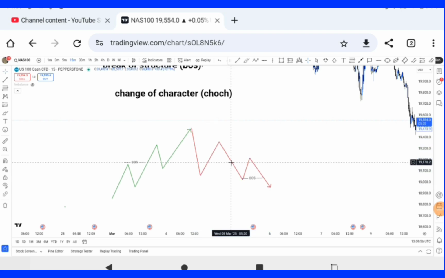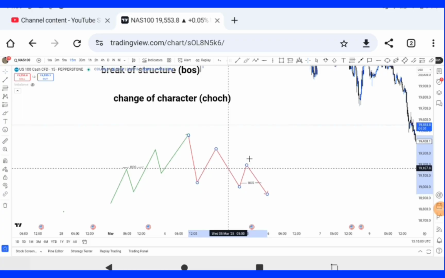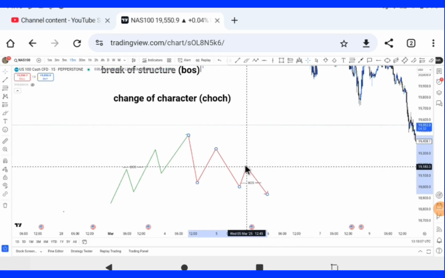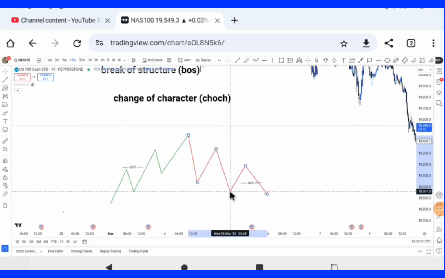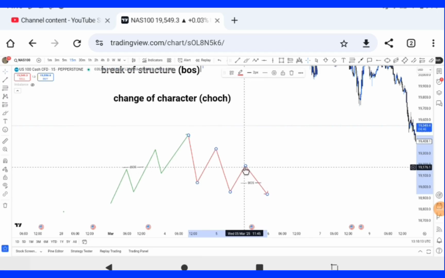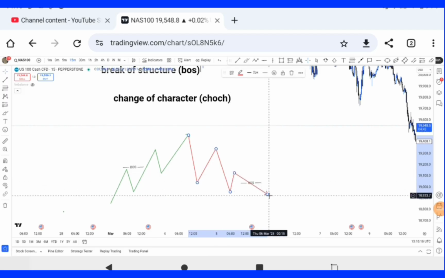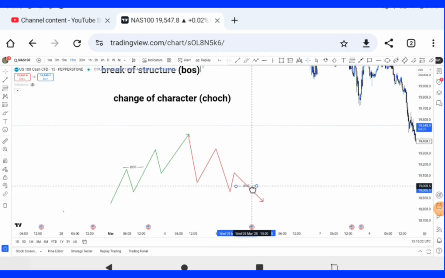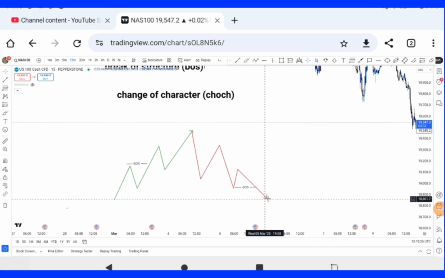Then the continuation of the trend continues. You understand what I'm trying to explain here? Don't mind my drawing.